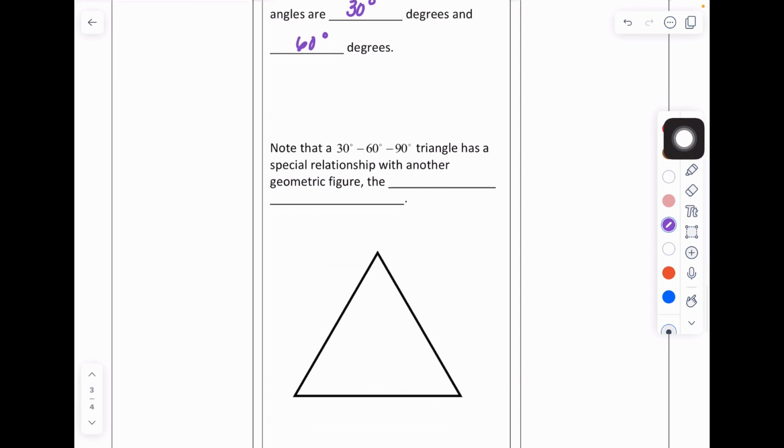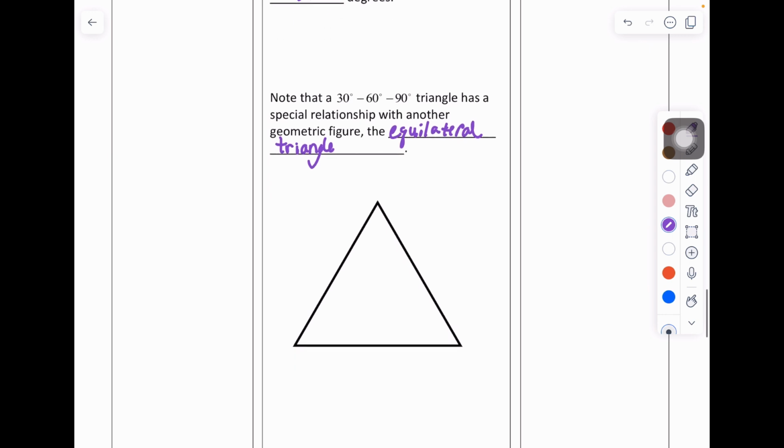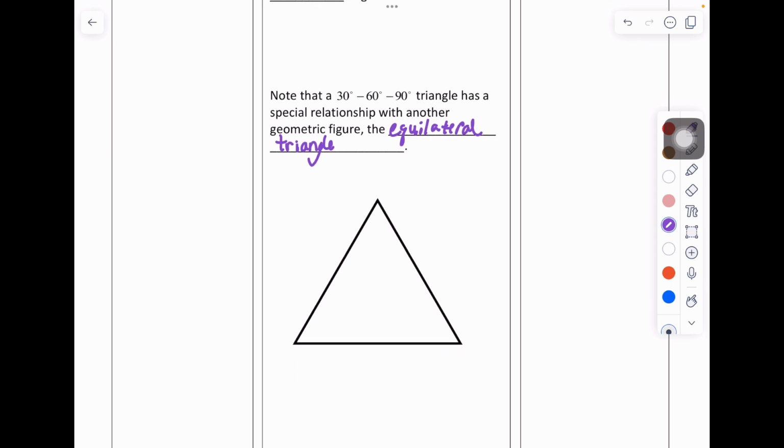Okay, now we're going to show this special relationship with the equilateral triangle. So remember last time we took a square and showed the special relationship. So what I'm going to do here is split this triangle into 2 smaller triangles.